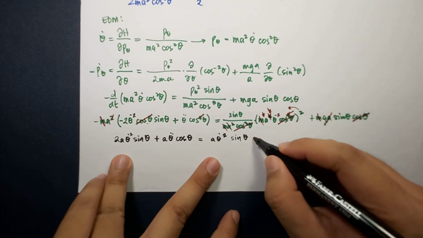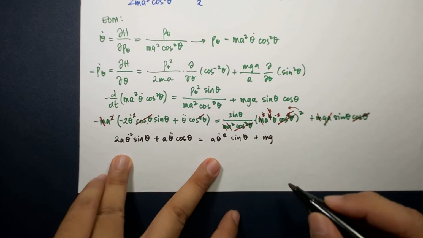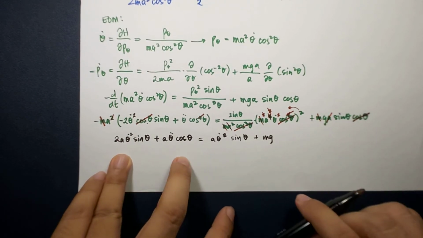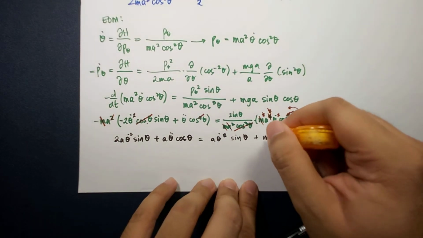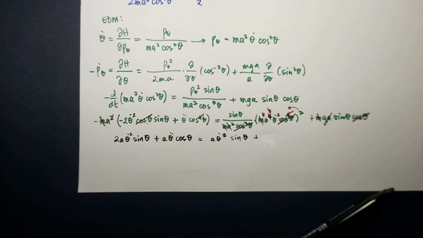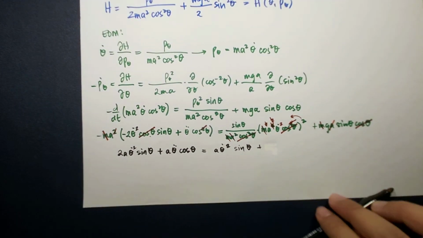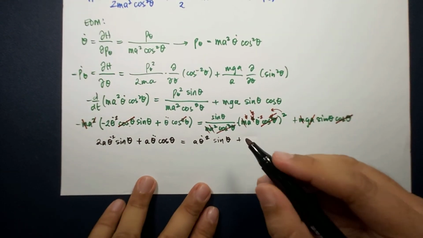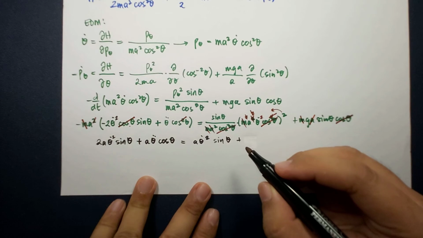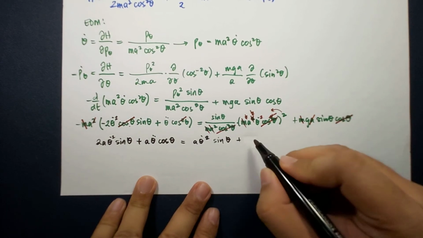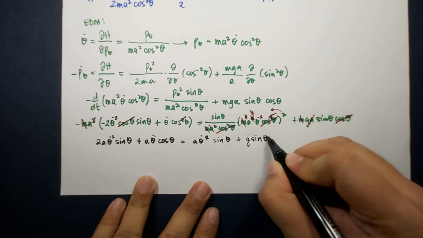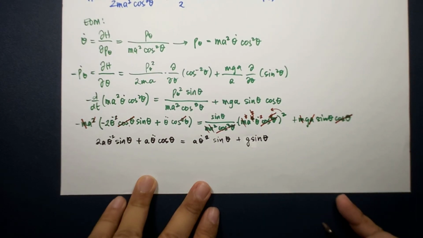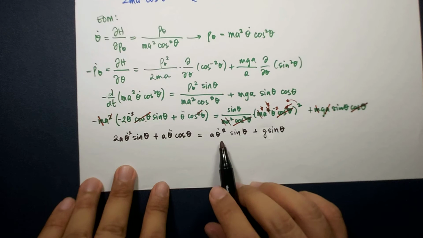Okay, then plus mg, sorry, g should be g. Okay, sorry about that. So this is g sine theta. Okay, so we know that we can combine these two.